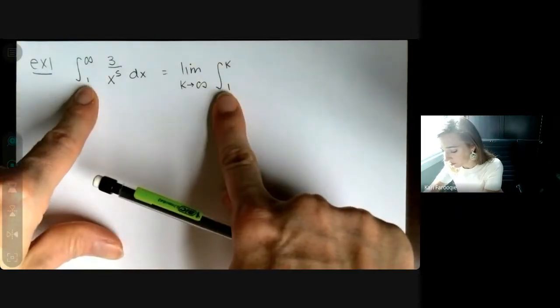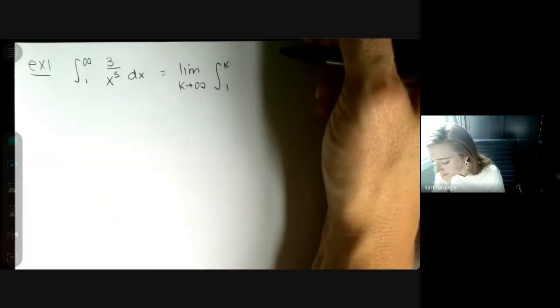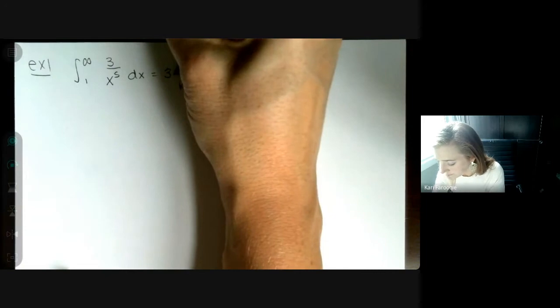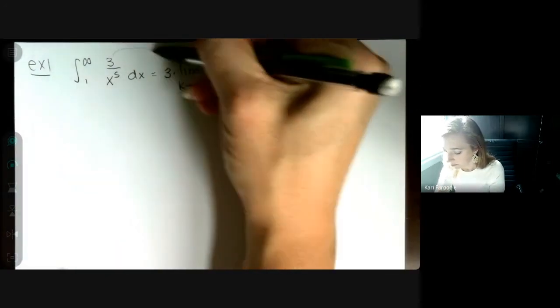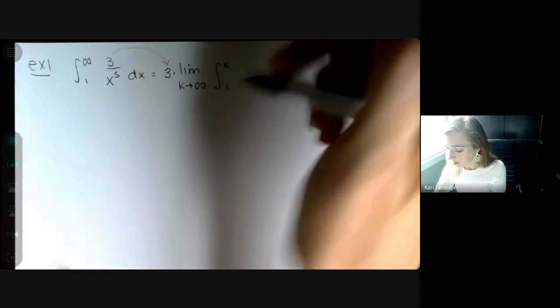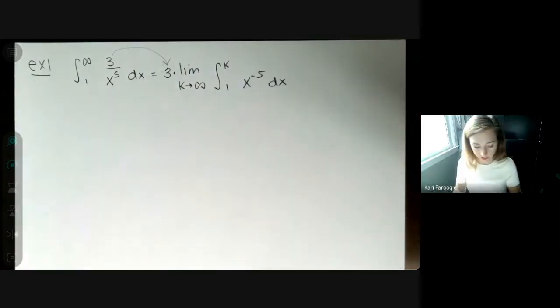The 1 stays the same. Infinity gets switched out with the variable. That's it. If the 3 is bothering you, you could even put that in front of your limit. I'm going to just pop my 3 in front of the limit. There it is. And then since you know you're going to be integrating, we can rewrite 1 over x to the 5th in the denominator as x to the negative 5th dx.